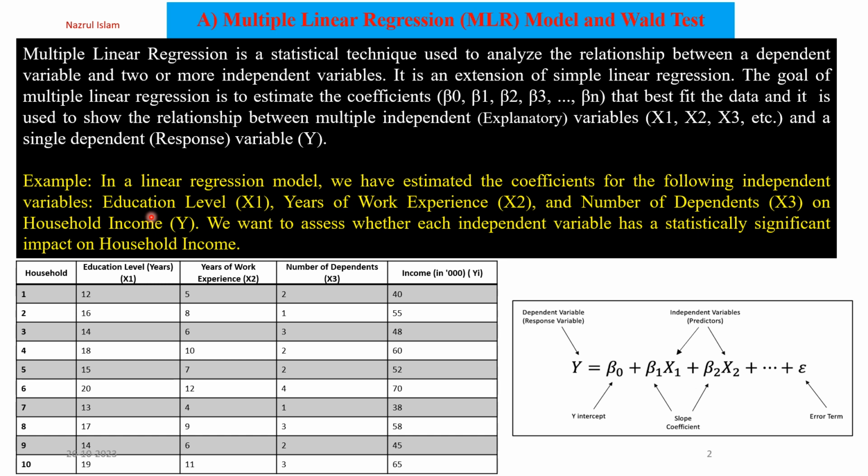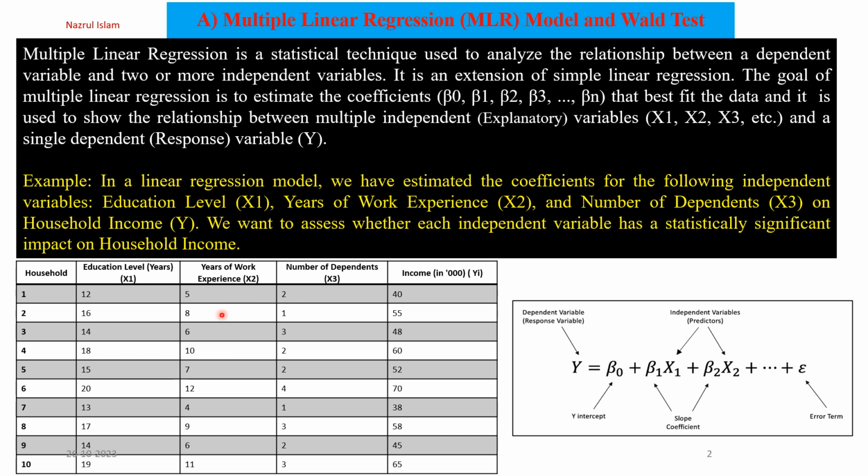Thus, multiple regression can take many independent variables into a model to explain how those independent variables affect the dependent variable. For this, we have taken an example where household income is the response or dependent variable, and education level x1, years of work experience x2, and number of dependents x3 are the independent or explanatory variables.